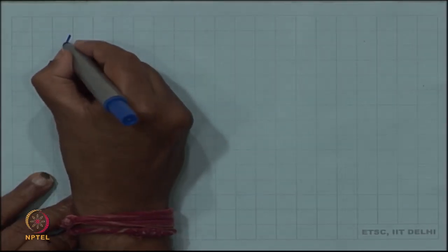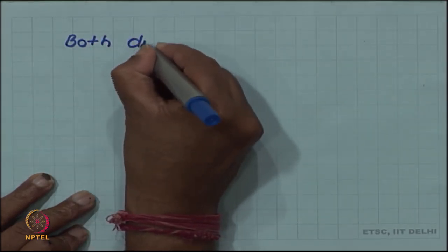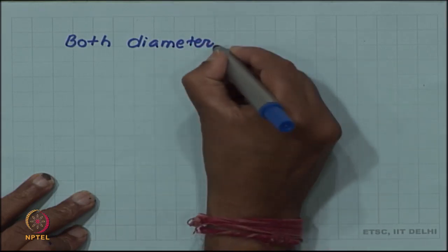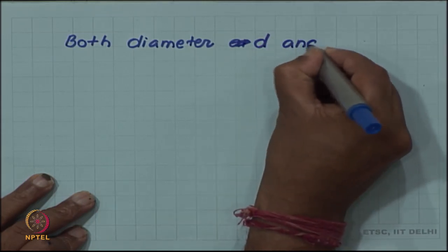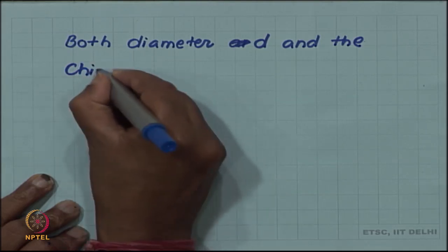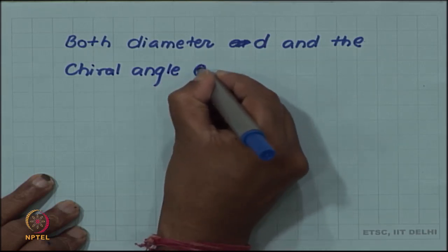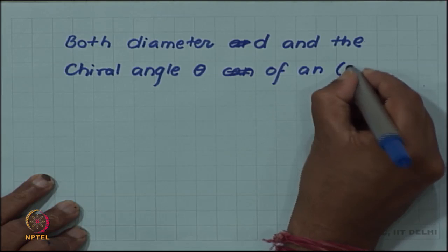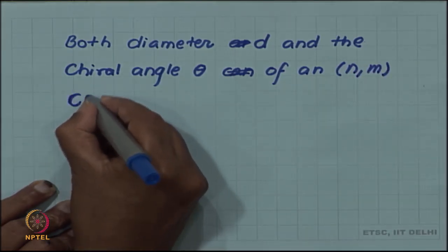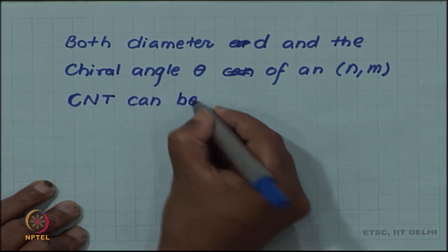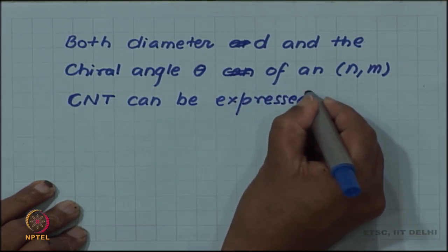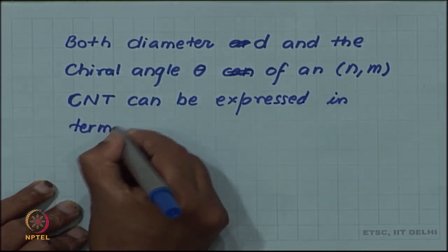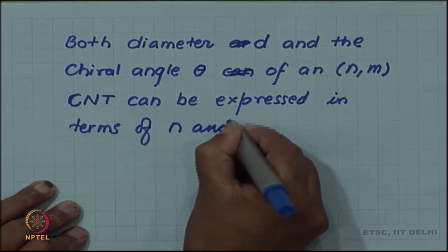And in fact, you can try to derive, I do not do this now in this lecture, but I leave it as an exercise, that both the diameter D and the chiral angle theta of an n,m CNT can be expressed in terms of n and m.